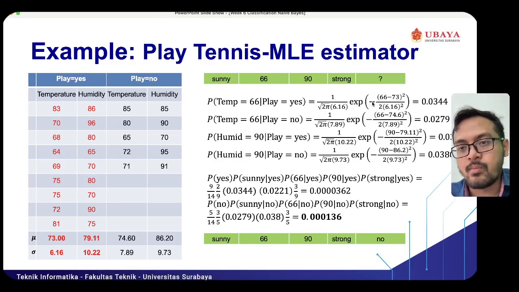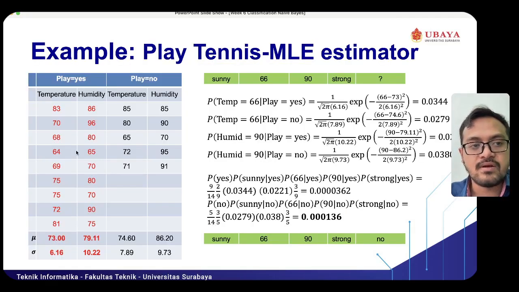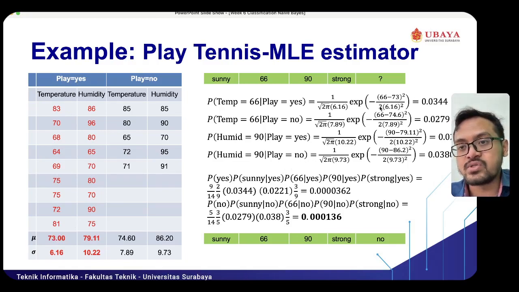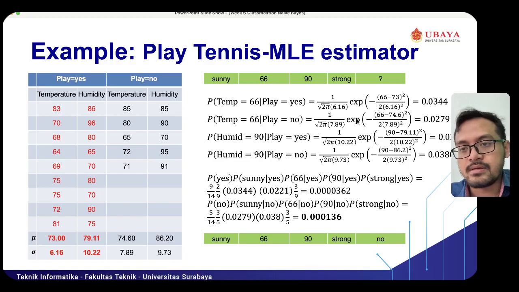Exponential of minus (66 minus 73) squared. 66 is the temperature value for this new observation, and 73 is the mean value for the temperature given playing tennis equals yes, divided by 2, where 2 is the constant, multiplied by 6.16 squared, the variance, and we get 0.034.